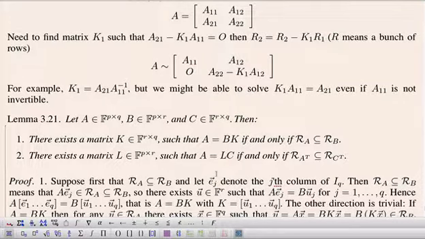If A is a P by Q matrix, B is a P by R matrix, and C is an R by Q matrix, then there exists a matrix K, which is R by Q, such that A equals BK, if and only if the range of A is a subset of the range of B. And also there exists a matrix L of size P by R, such that A equals LC. This is now multiplication on the left, if and only if the range of A transpose is a subset of the range of C transpose.